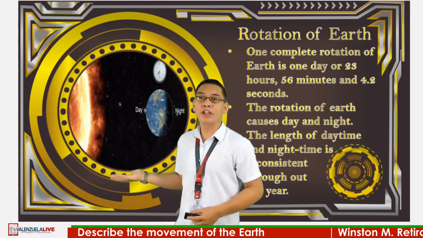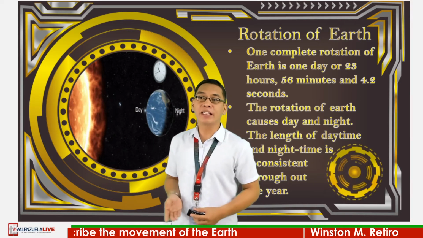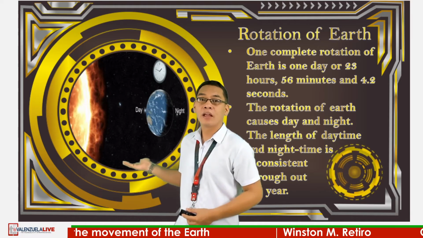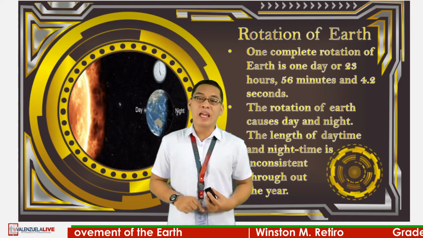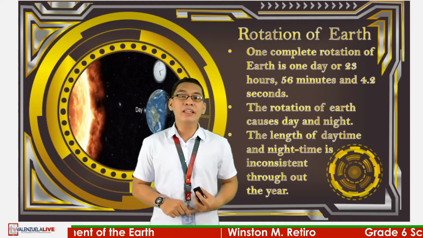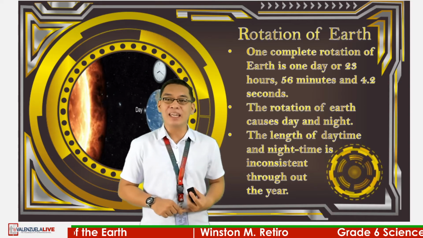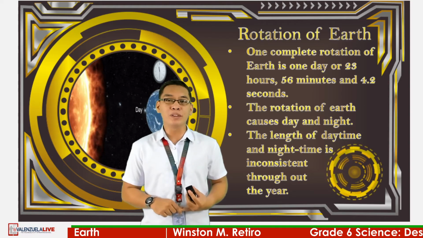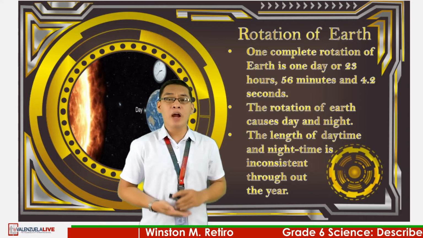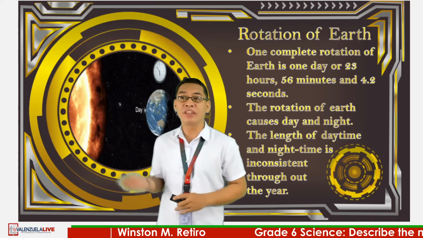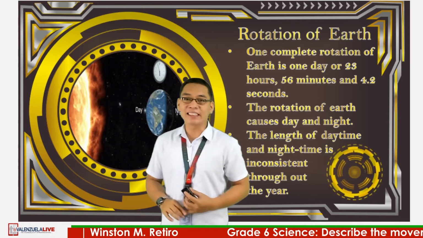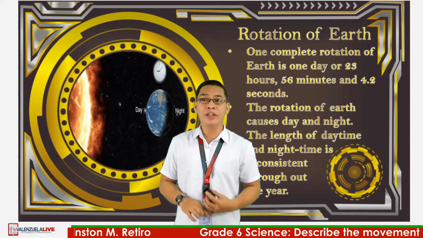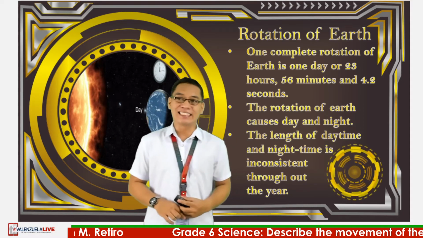One complete rotation of Earth is equivalent to 1 day, or 23 hours, 56 minutes, and 4.2 seconds. It is the primary reason why we have days and nights: the rotation of the Earth on its axis.